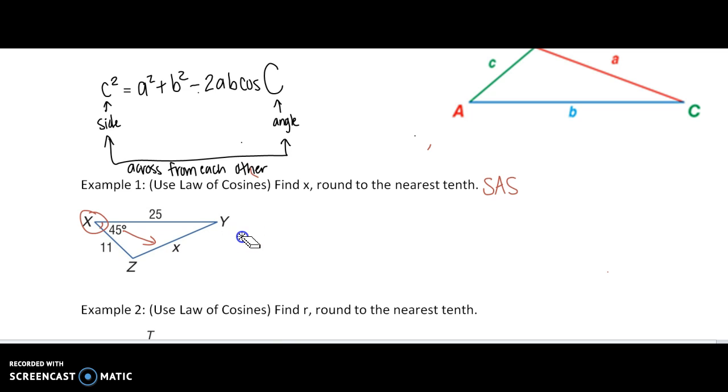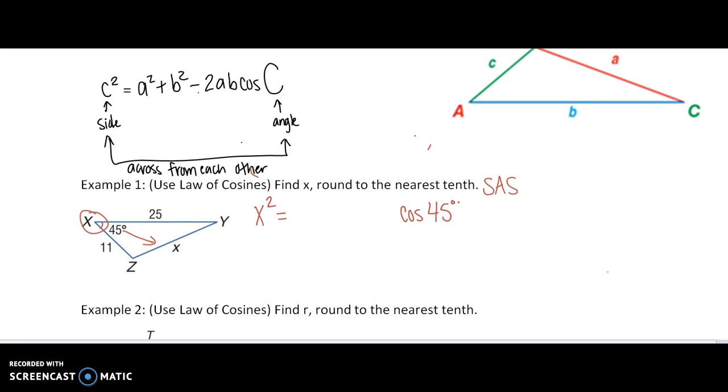So when I set up this formula, I automatically know I'm going to have that side length x squared equal to, and then all the way at the other end, it's going to be something plus something minus something times cosine of 45 degrees. Those two are on opposite ends.